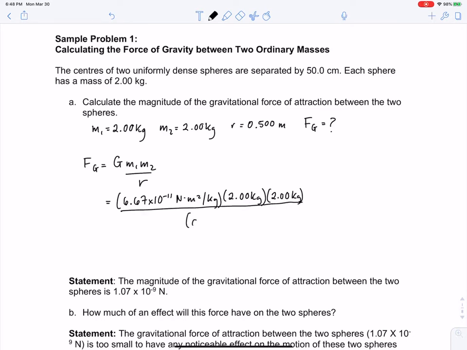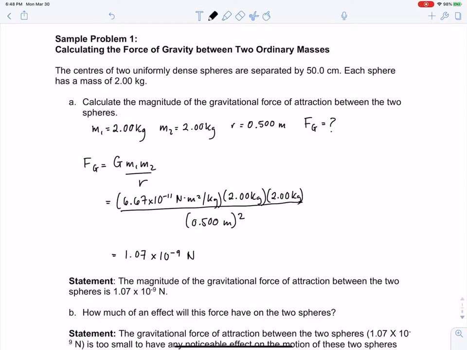All over 0.500 meters. And don't forget to square it. If we punch this into our calculator, we end up with a very small force, 1.07 times 10 to the power of negative 9 newtons.